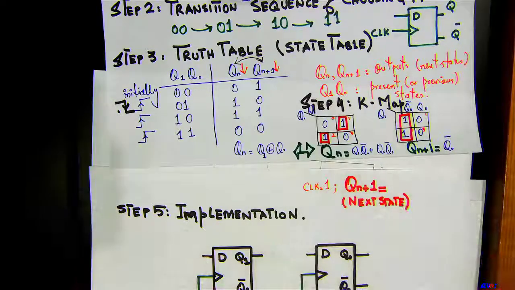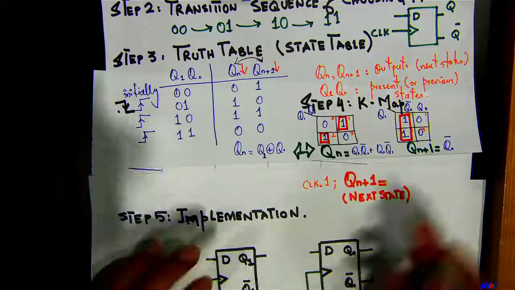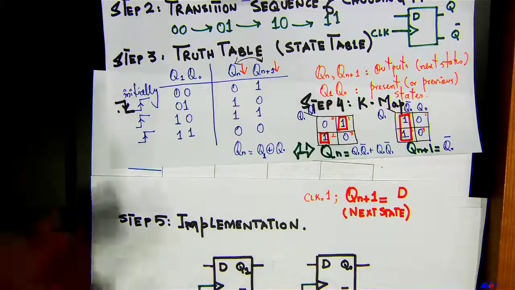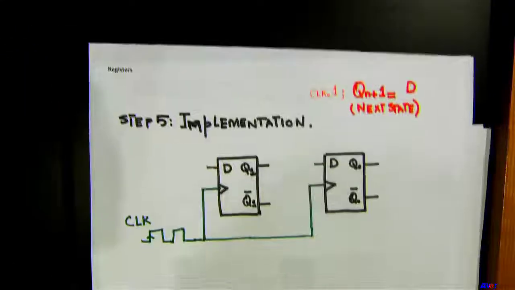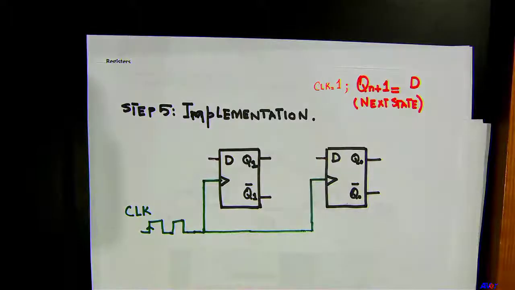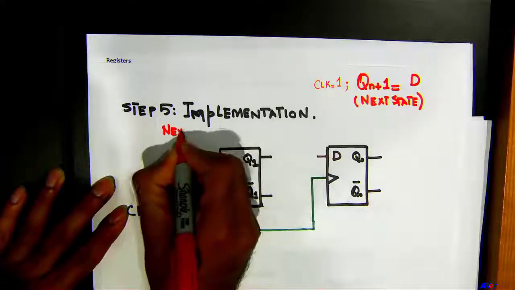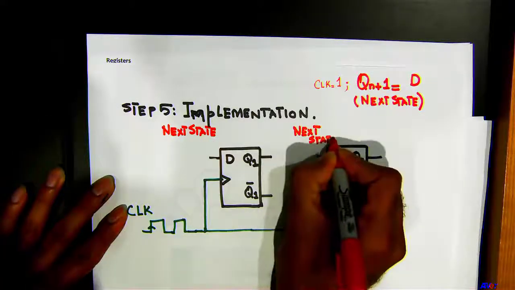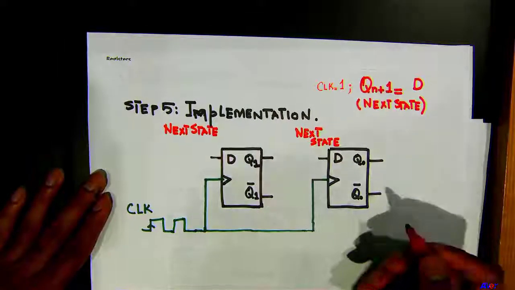When clock is high, next state is what in a D flip-flop? It's D, right? And where is your D in this design? On the left hand side of the block, right? So this is always going to be your next state, left hand side. And on the right hand side, Q1 and Q0, those are what? Present states.